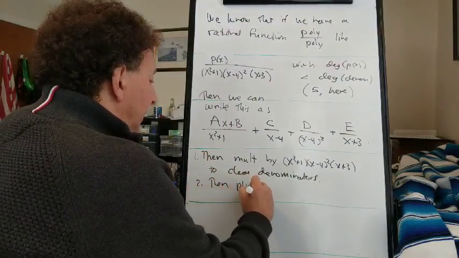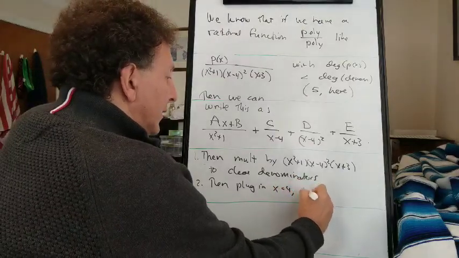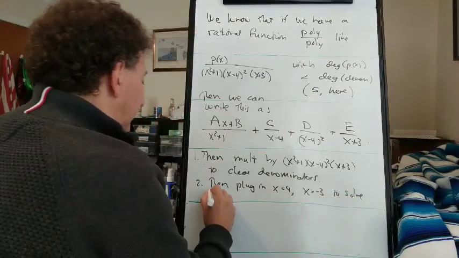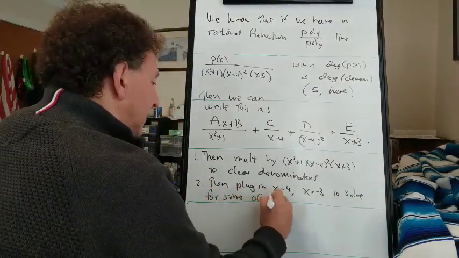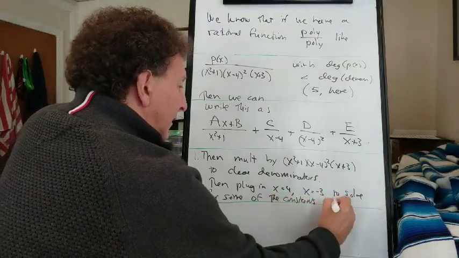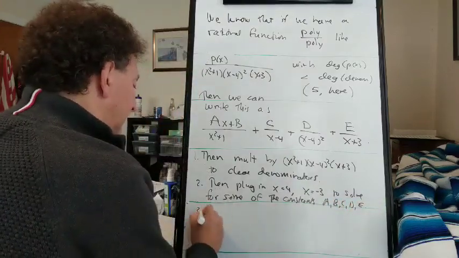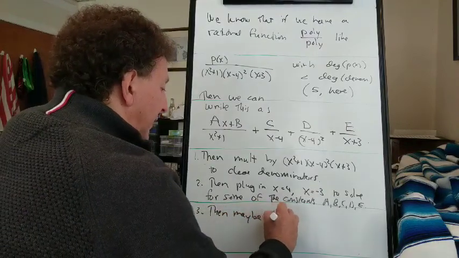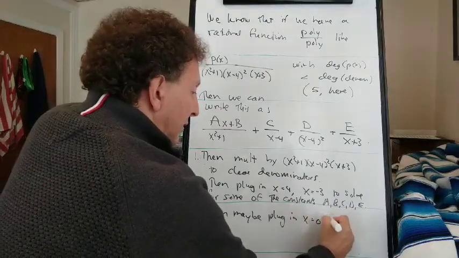Then we can plug in x equals 4, x equals minus 3 to solve for some constants, A, B, C, D, E. Then maybe plug in x equals 0 to solve for more.